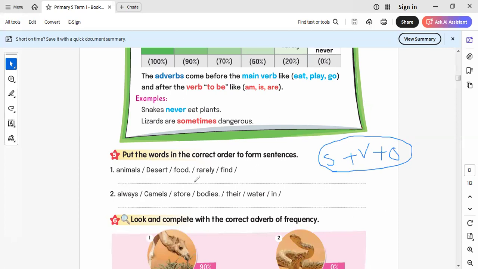I talk about desert animals. Desert animals really find food.